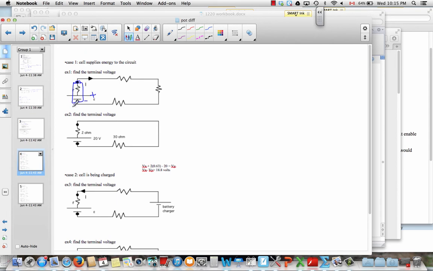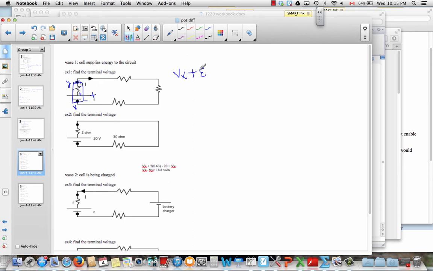So if we were to call this point X and this point Y, then starting at the point X, I guess it doesn't really matter, we would gain our chemistry voltage E. Then we would have a drop because current flows downhill. It flows from positive to negative.